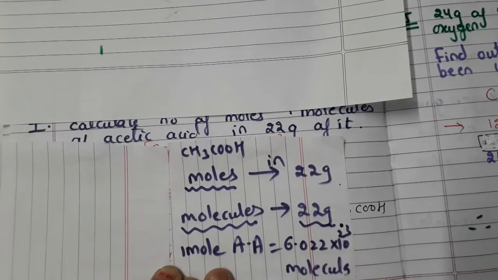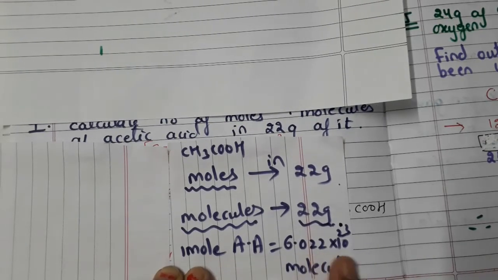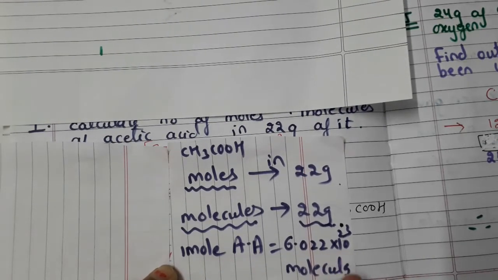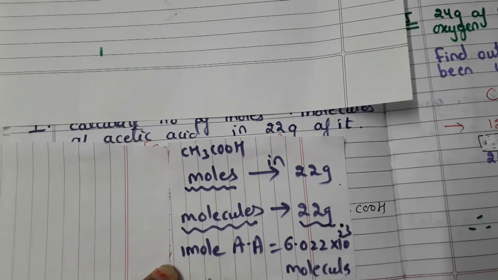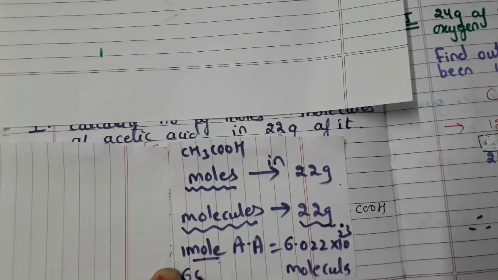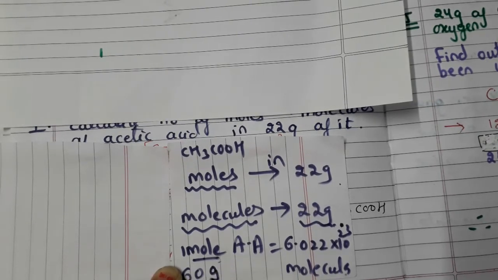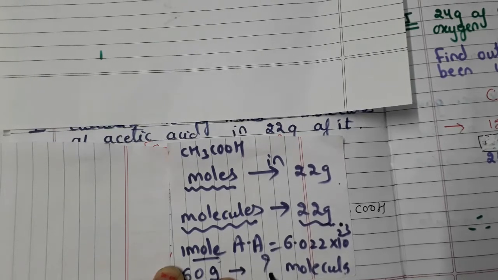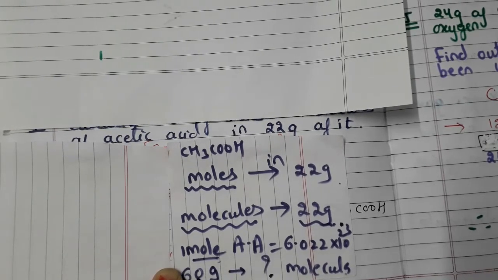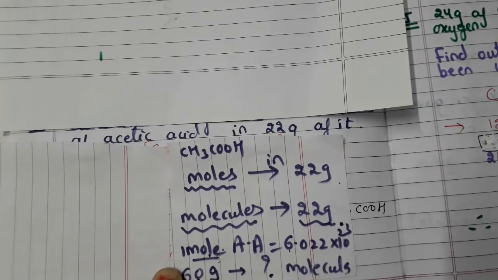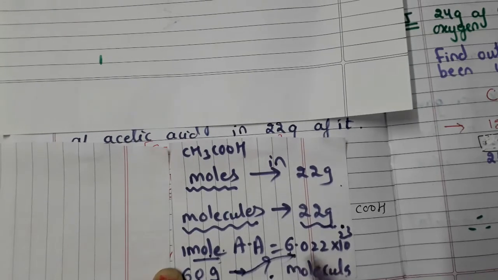If 1 mole contains these many molecules, then we have to find out how many grams are present in the 1 mole. It is 60, molecular mass is 60. 1 mole is 60 gram, so 60 gram contains this much.